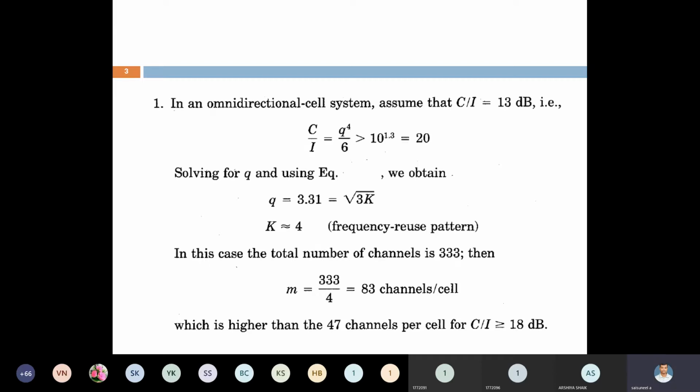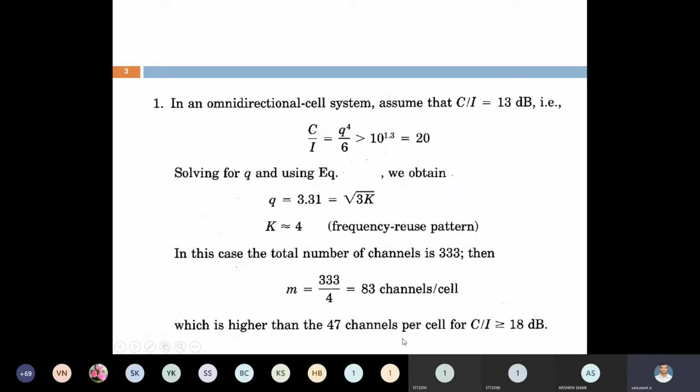But you know the condition, C by I greater than or equal to 18 dB. Substitute: Q power 4 divided by 6 is greater than 10 power 1.8. Once the Q value is calculated, we get 47 channels. So for C by I equal to 13 dB, we get 83 channels per cell, and when C by I is greater than or equal to 18 dB, we get 47 channels per cell.